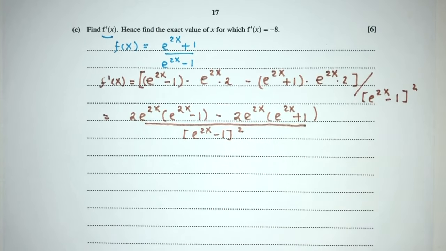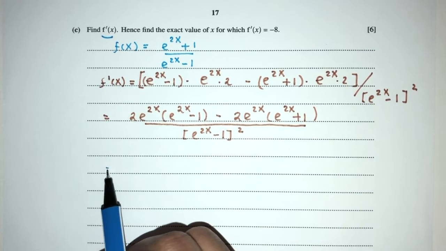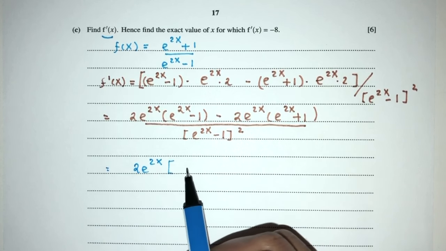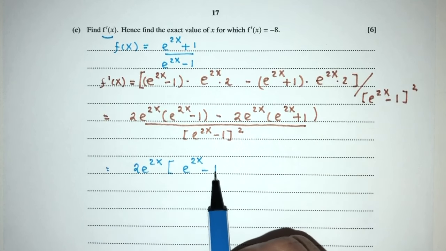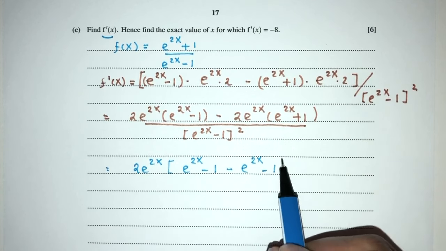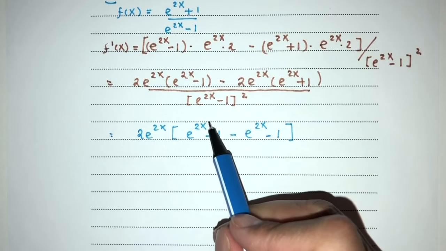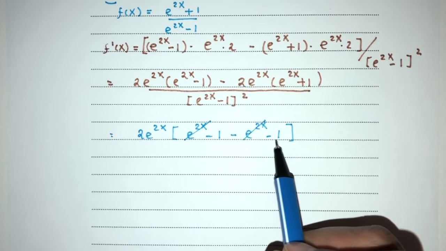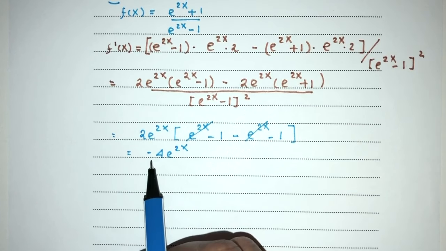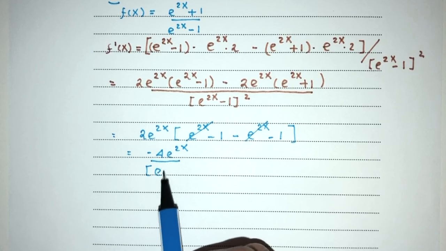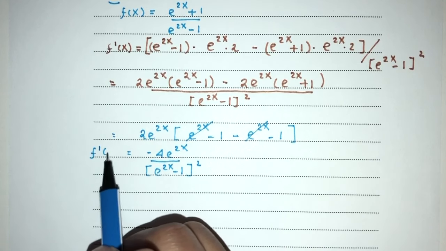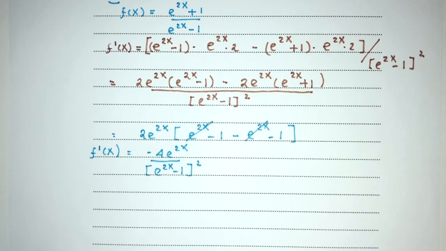For example, I can factorize the 2 exponential 2x outside, and on the inside you will have exponential 2x minus 1, minus exponential 2x and minus 1. These two will cancel out, minus 1 becomes minus 2. That should be minus 4 exponential 2x over the same value here, exponential 2x minus 1, squared. This is f prime of x. That is the first part of the question.